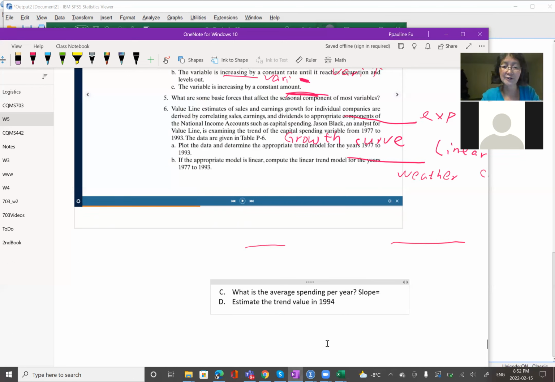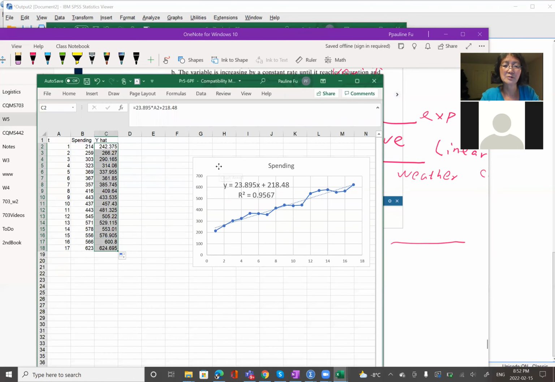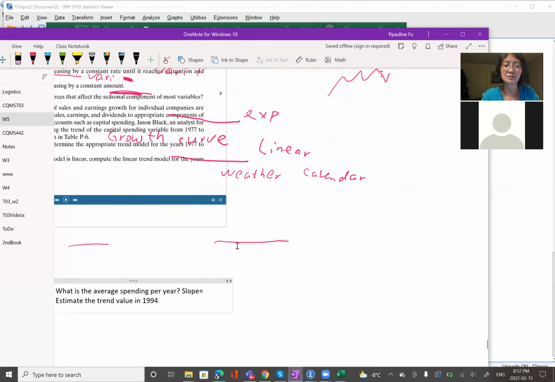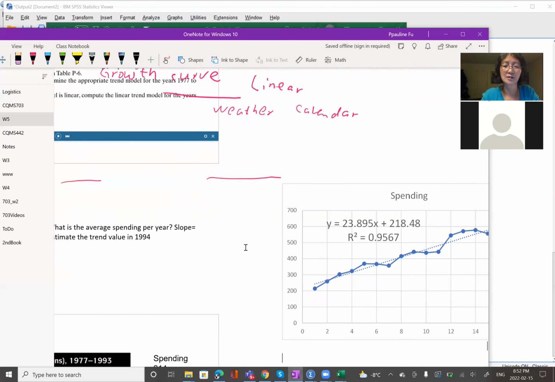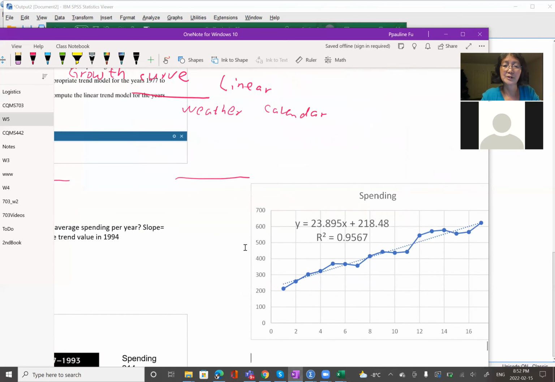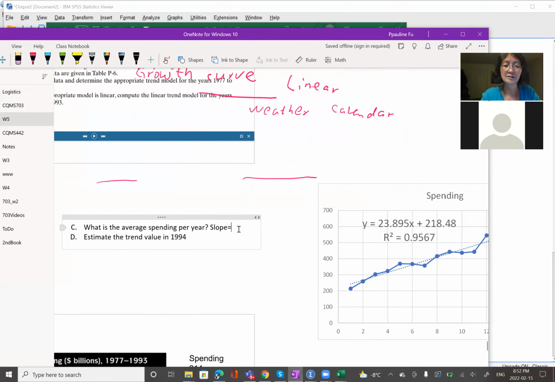So what is that slope? Maybe I want to copy this into OneNote. So the slope is 23.89. That is the answer for question C.